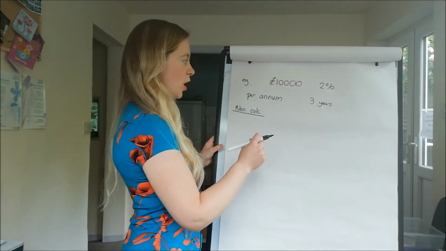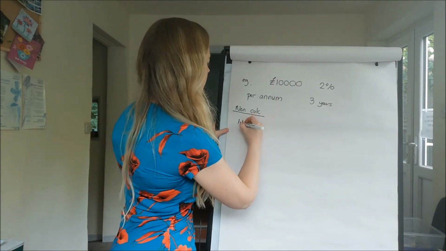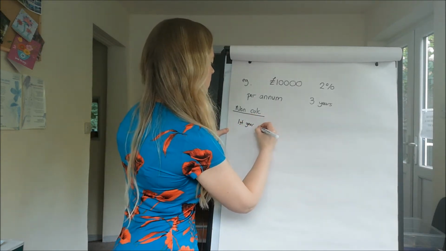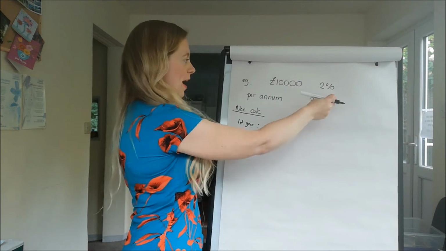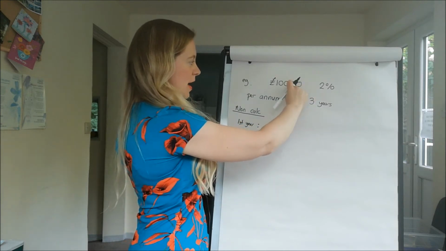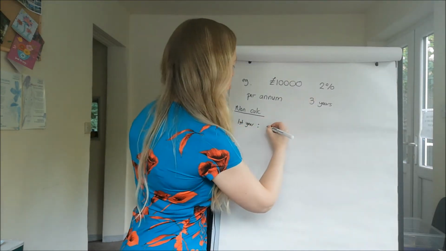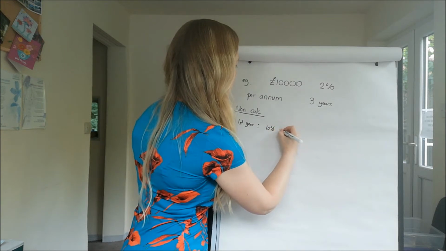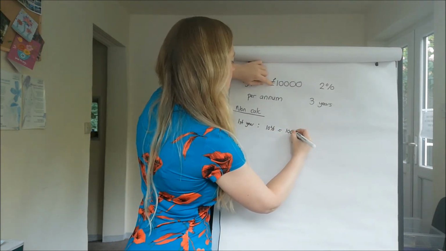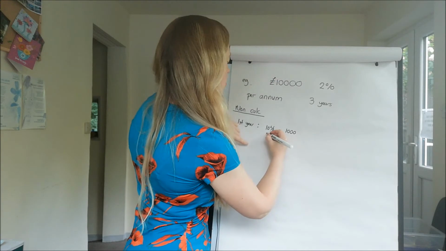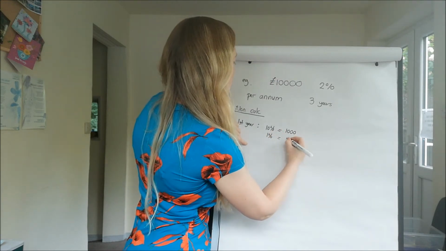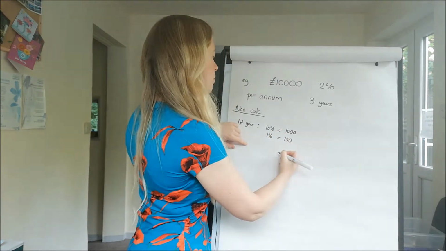Well, first of all, for the first year, we would have 2% of £10,000. So 10% would equal £1,000. So 1% would equal £100.